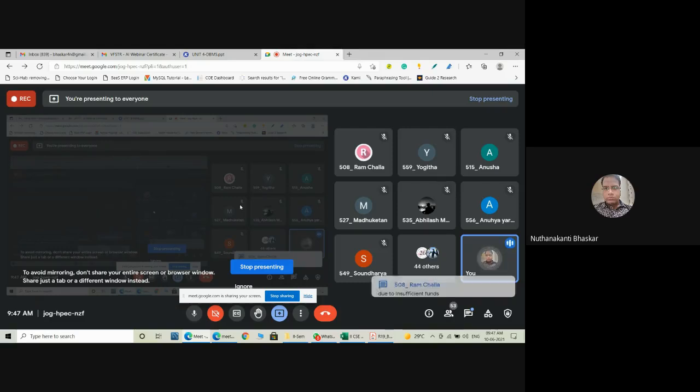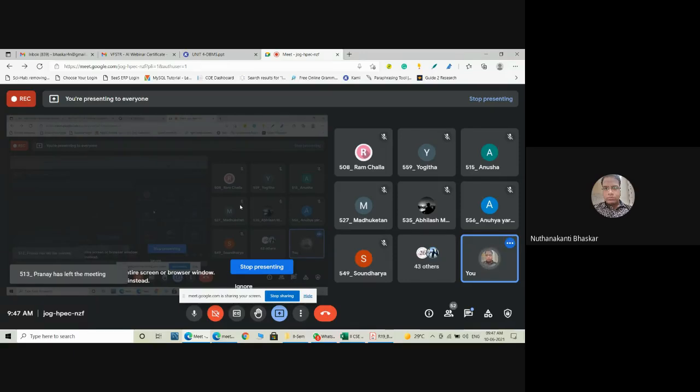Now come to the definition again. A transaction is a collection of actions. All actions or all tasks must be executed sequentially, or in one order. That is called a transaction. If any action fails, your transaction is not successful.